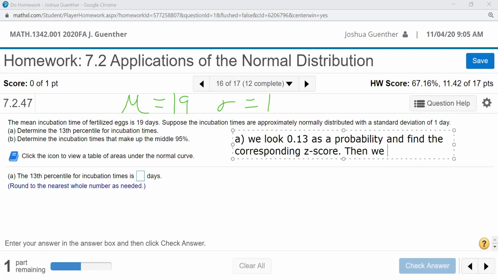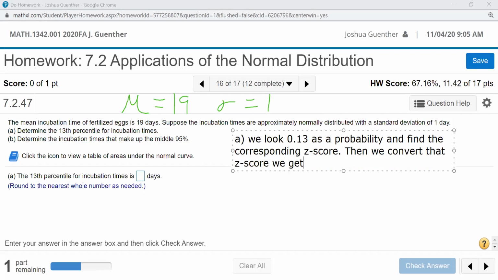Then we convert that z-score we get to an x-score, kind of like the last problem we just did.